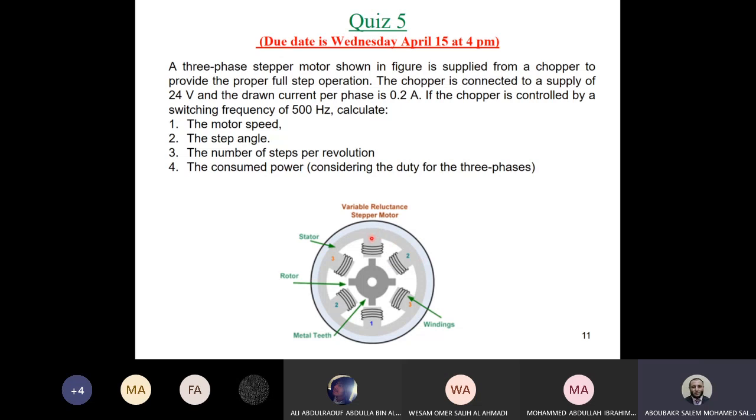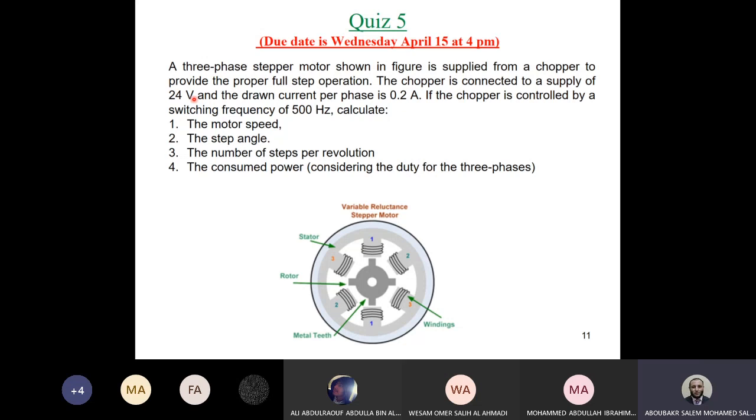It's expected to have coil number 1 connected to one switch in order to supply this coil, using the circuit that we described in the previous class, and the chopper is connected to a supply of 24 volt.